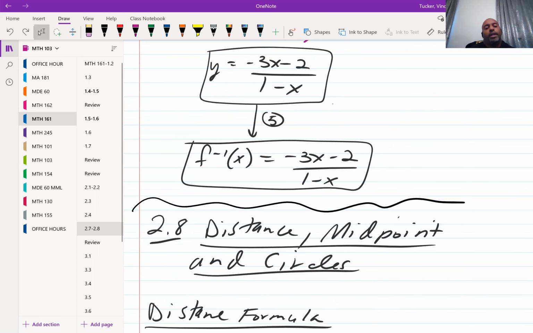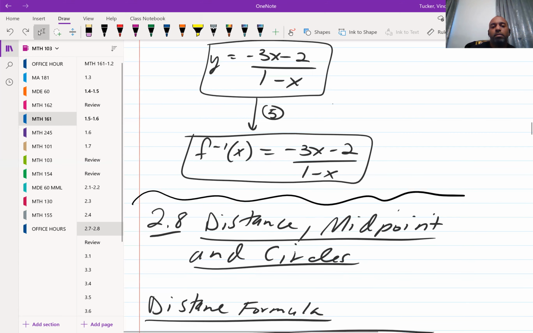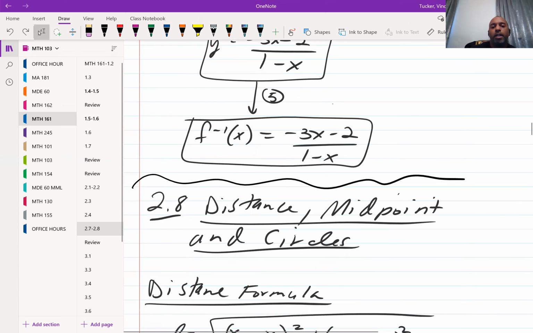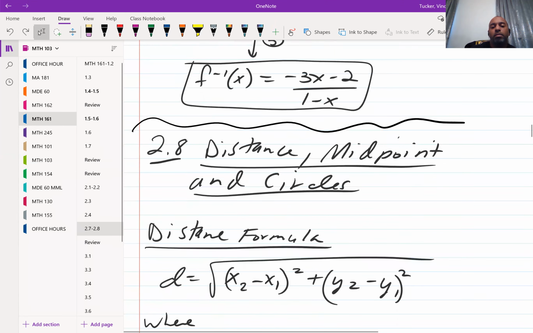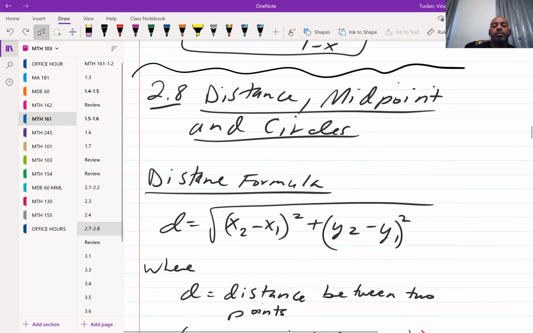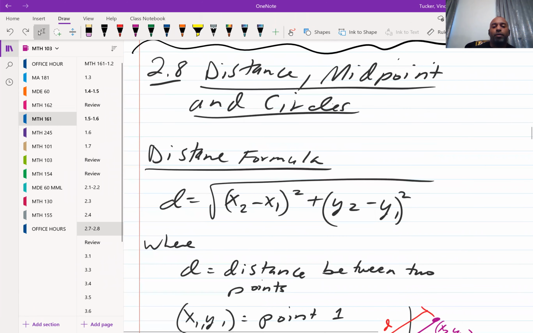All right, so 2.8, last section in chapter 2. We're looking at distance, midpoint, and circles. Everybody done with that last problem? All right. So the first formula we're going to look at is the distance formula.